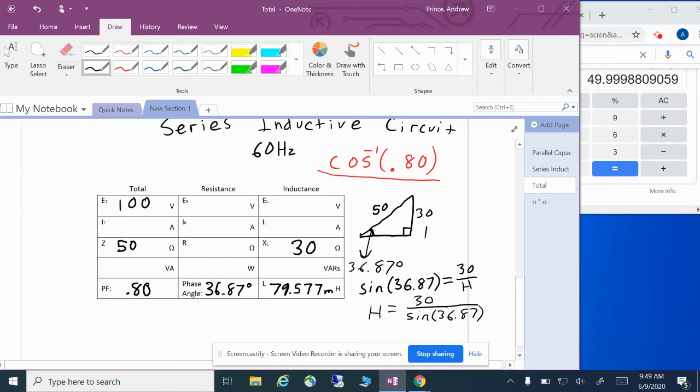So I could say that my tangent of 36.87 is going to be the same. It's going to be 30 over my adjacent. So it's going to look just like this, but it'll have tangent instead of sine.